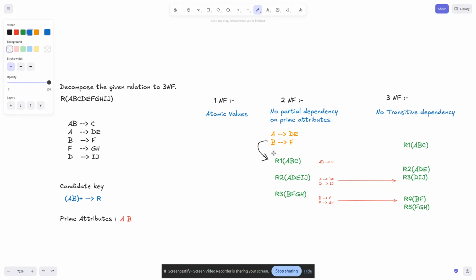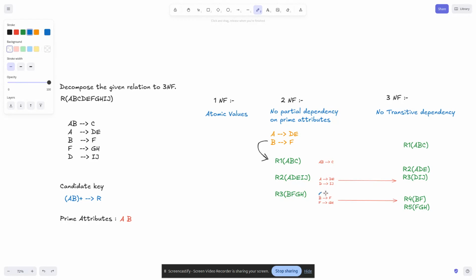In order to fix it, we will create a relation corresponding to each of the functional dependencies. For A determining DE, we have this relation, and for the second, B determining F, we have this relation. Using A, we can determine DE, so A, D, E are present, and using D, we can determine IJ. Therefore, A, D, E, IJ belong to one relation.